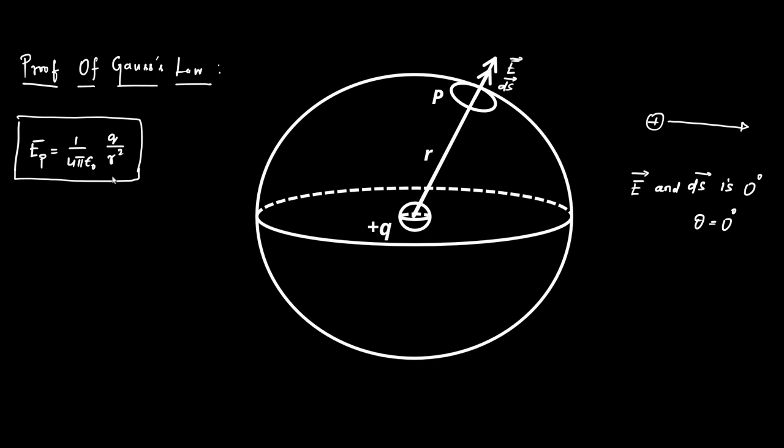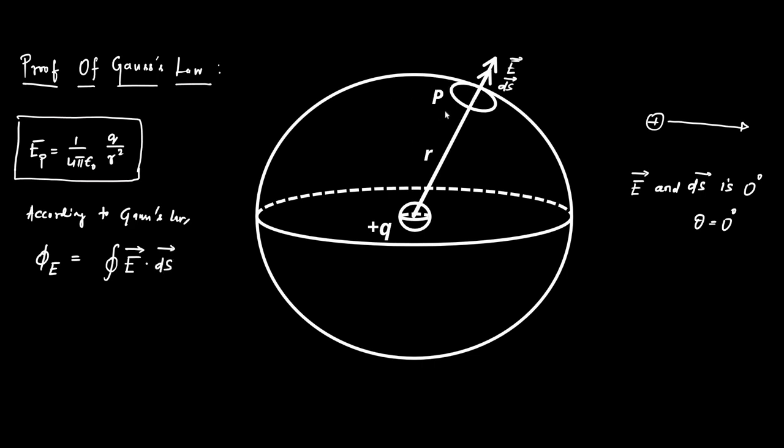Now we know, according to Gauss law statement, electric flux phi E, which is represented by phi subscript E, is equal to the closed surface integral of the dot product of electric field and the area vector.